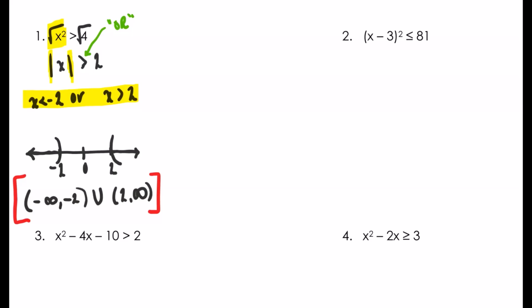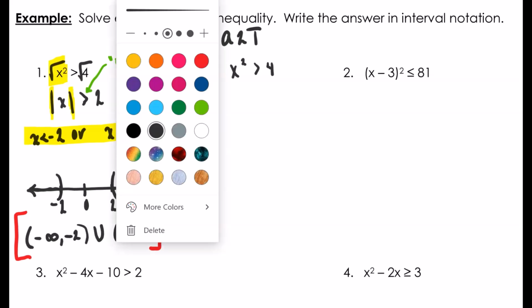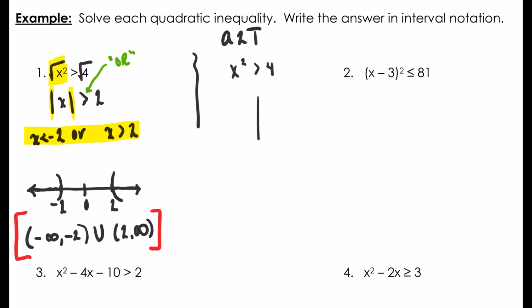So my final answer here is this part down here with the interval notation. Now, last year you probably would have solved it a little bit differently. All right, so let's discuss, how did you do this last year in Algebra 2 trig? Well, when you had x squared is greater than 4, you solved these mainly graphically. So if I were to draw a little graph here, okay, I know that x squared is a parabola, right? Its vertex is at the origin, it's opening up.